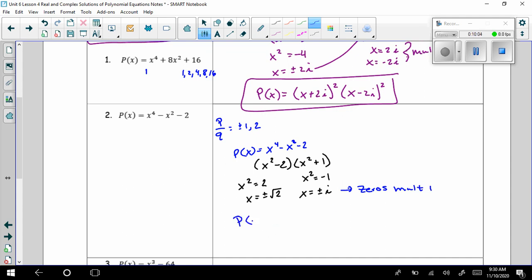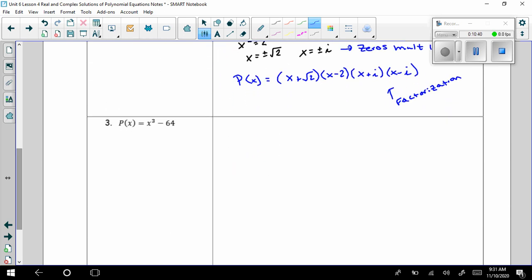And so when we write out the factorization, it is x plus root 2, x minus root 2, x plus i, and x minus i. Now, we haven't really had to show this yet. This is the factorization. But keep in mind, you're switching the signs of the zeros when you put them in the factors.